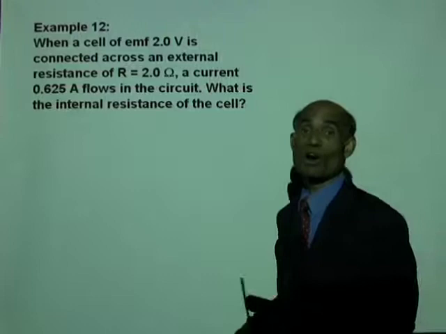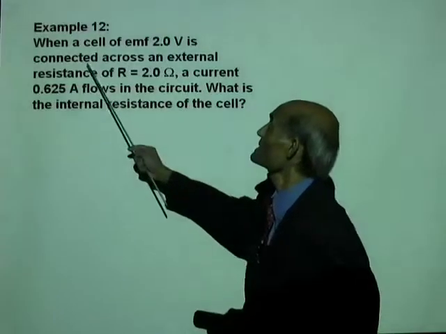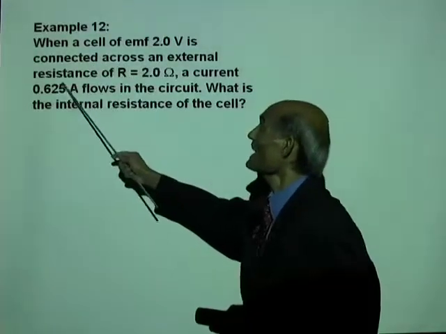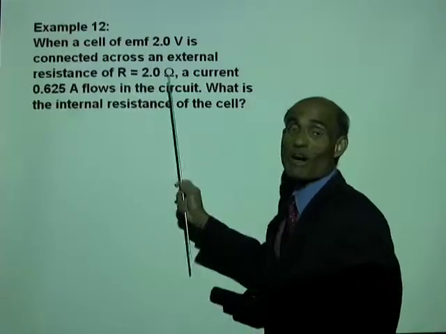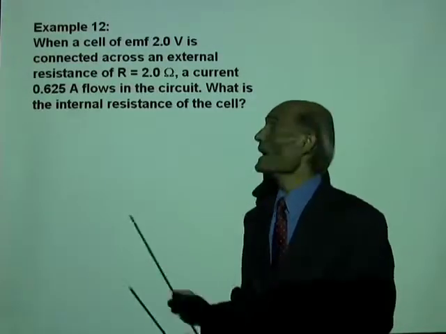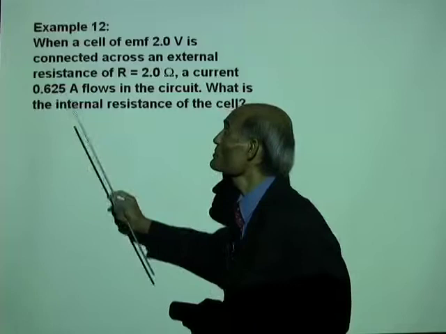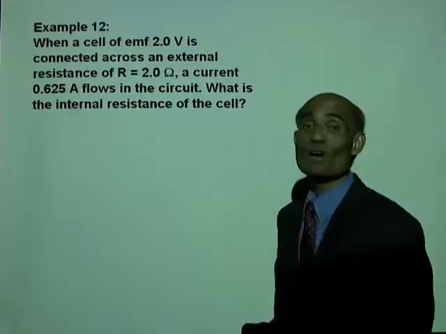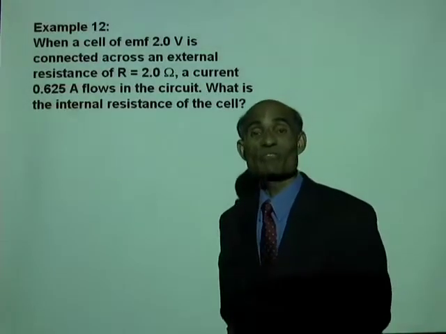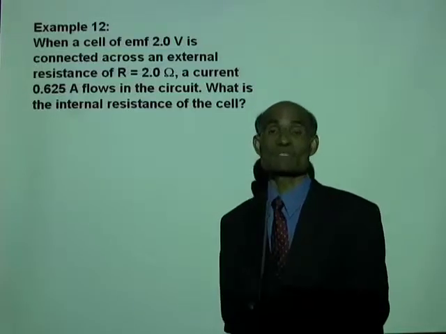Okay, another one. When a cell of EMF 2 volts is connected across an external resistance of R equal to 2 ohm, a current of 0.625 ampere flows in the circuit. What is the internal resistance of the cell?